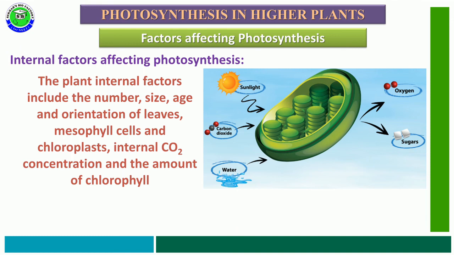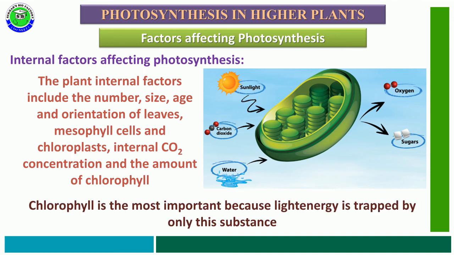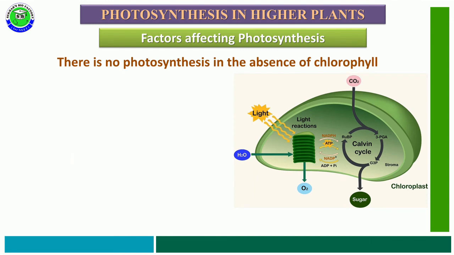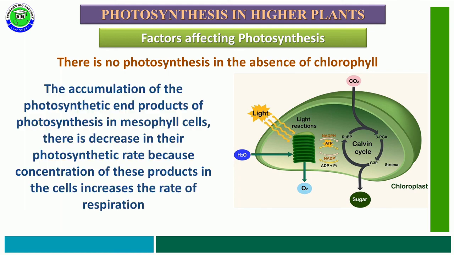All these are considered internal factors. Chlorophyll is the most important, because light energy is trapped by chlorophyll pigment only, so it is the main internal factor, and there is no photosynthesis in the absence of chlorophyll pigment in plants.